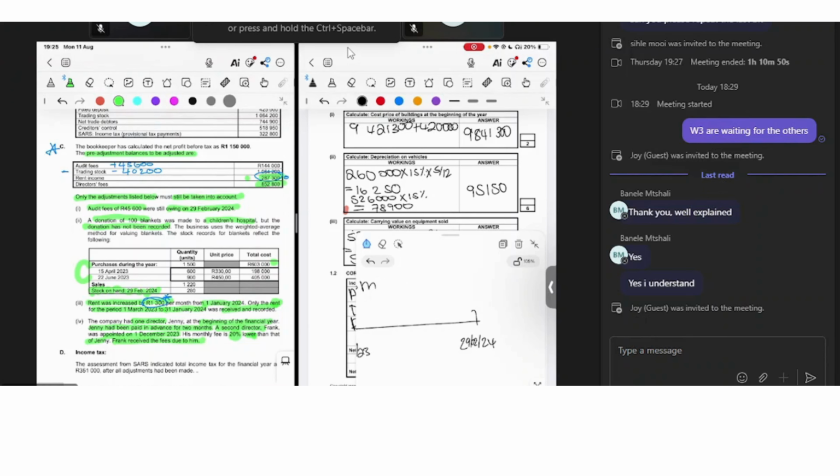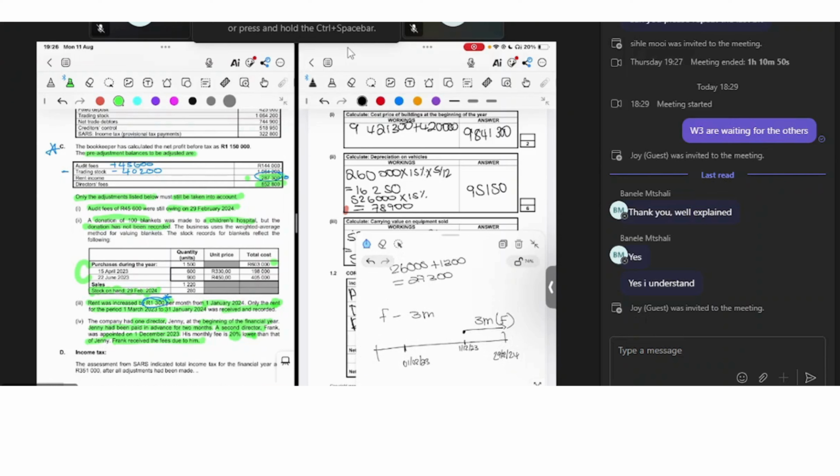Then when did we hire Frank? We hired Frank on the 1st of December 2023. So Frank has been working for us from the 1st of December up until the end of the year, and he has received his fees for all those months. So that's December, January, February, giving us 3 months. And that's Frank.